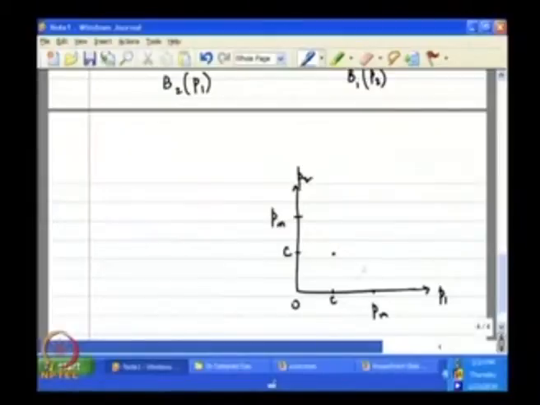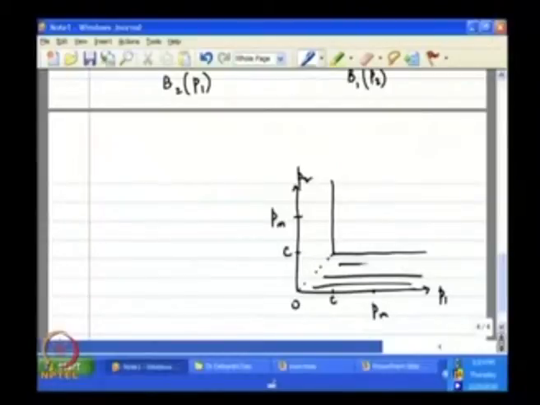If I superimpose one on the other, I have this sort of a diagram.